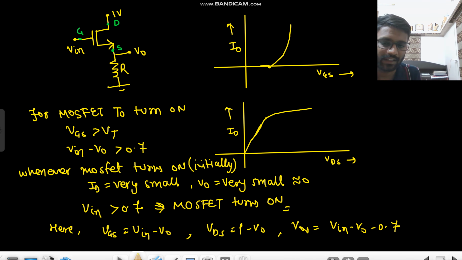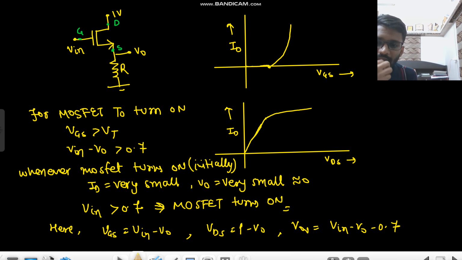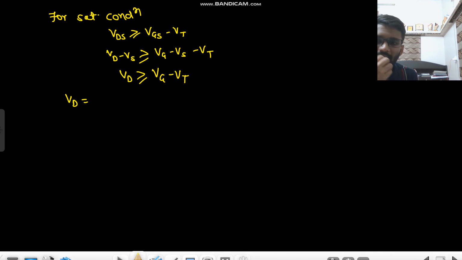Now we take this condition. What is VD? VD is 1 and VG is V in.